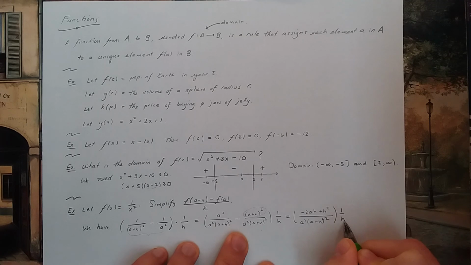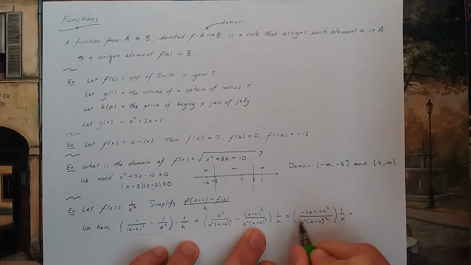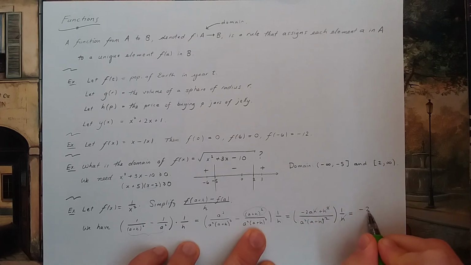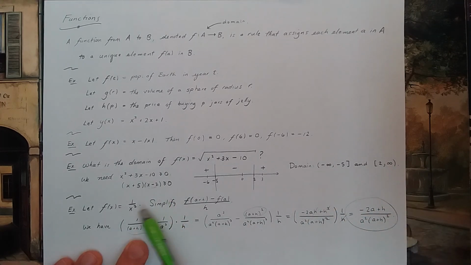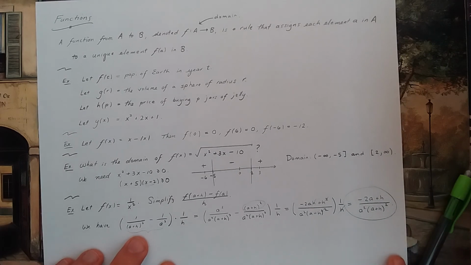Still have a 1 over h, and I guess you could finish simplifying by canceling the h here with an h in the numerator, and I will be ending up with negative (2a + h) over a squared times (a + h) squared. So this was an example of doing a simplification with a function. This is a type of calculation you may see in calculus. Okay, wonderful.